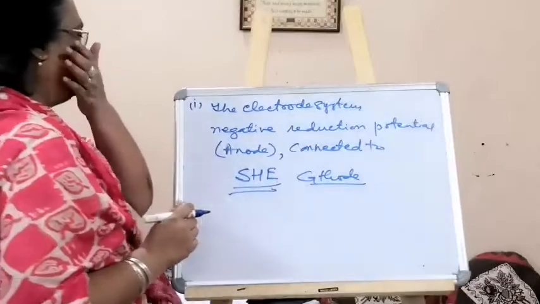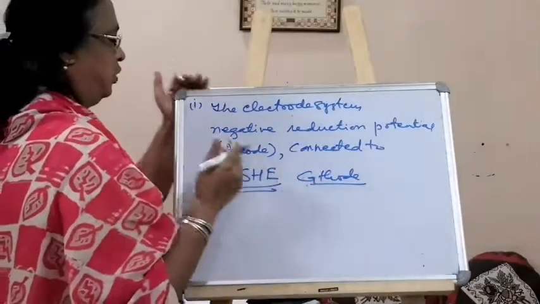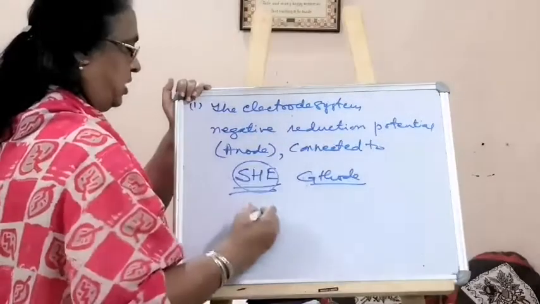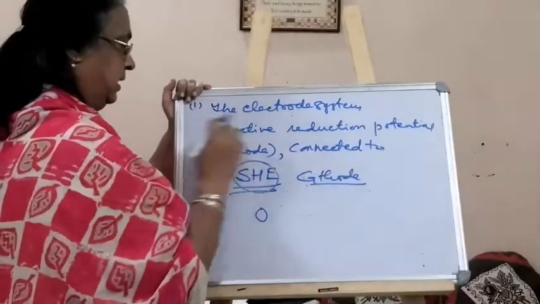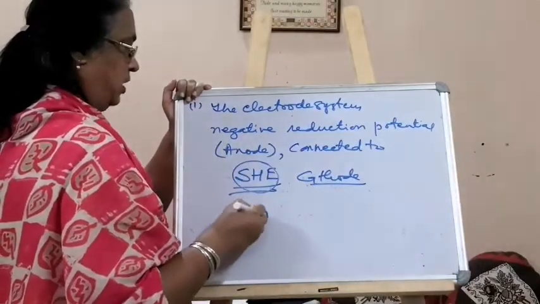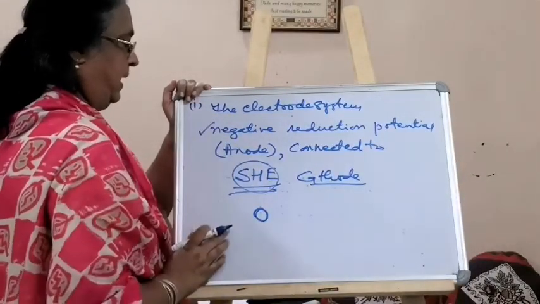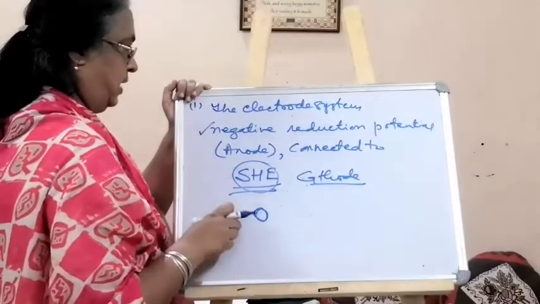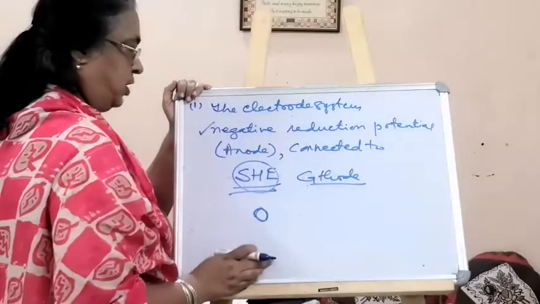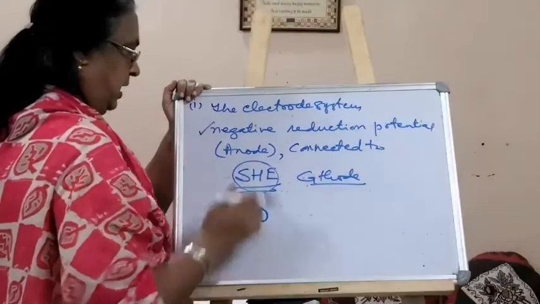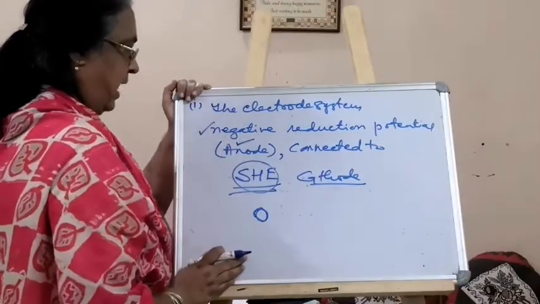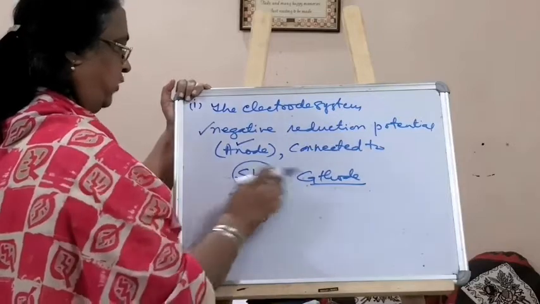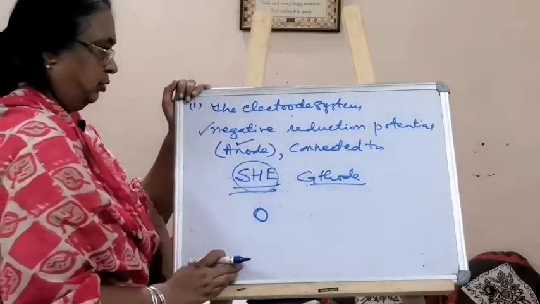So SHE has reduction potential 0, and here this is less than 0, so the value will be negative. Any electrode system which has a negative reduction potential, less than 0, will behave as anode and SHE will behave as a cathode.